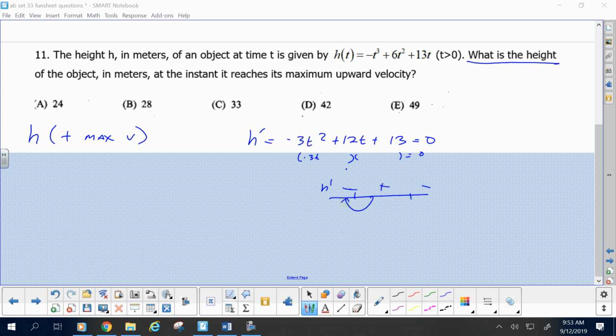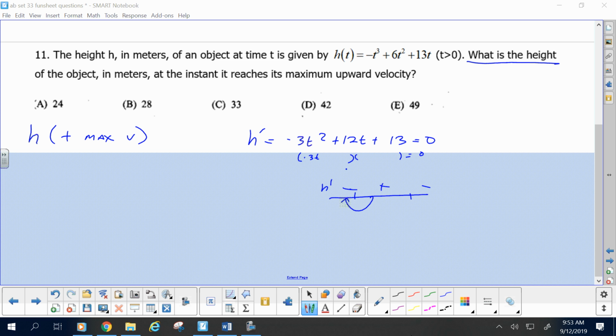If H prime went negative to positive, then what does that tell you? Minimum of what? Minimum of the height. So if H prime went negative to positive, isn't that a minimum height? Is that what they're asking for? Minimum height? No, they want a maximum velocity.